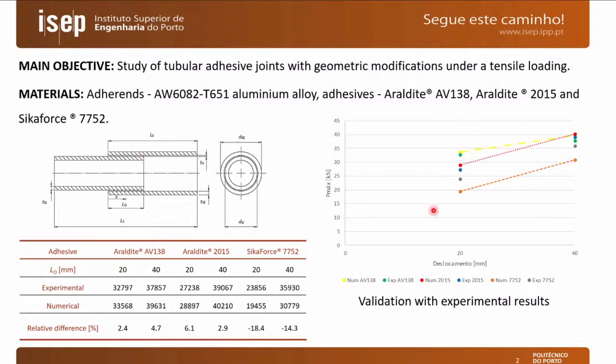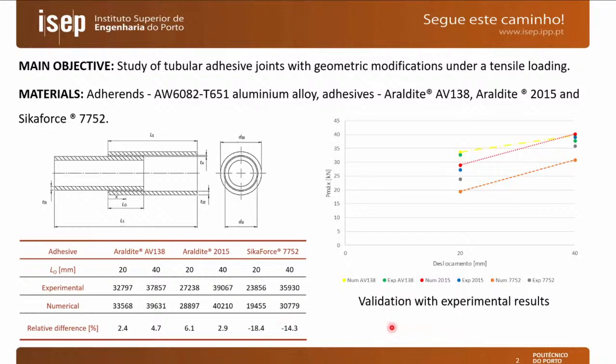In the graphic to the right, we can see the maximum load for different overlap lengths. So we considered an overlap length of 20 millimeters and an overlap length of 40 millimeters. We have the experimental data points, the ones without a dotted line, and then we have the results with a dotted line in between, which correspond to the numerical predictions by CZM modeling.